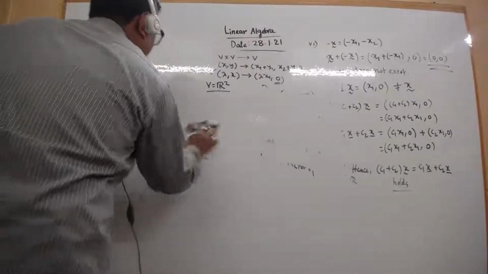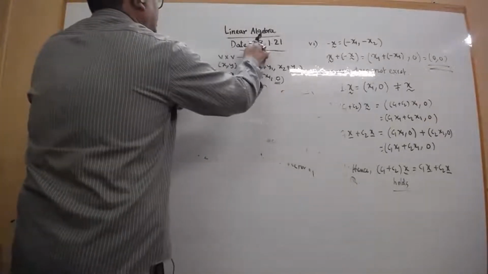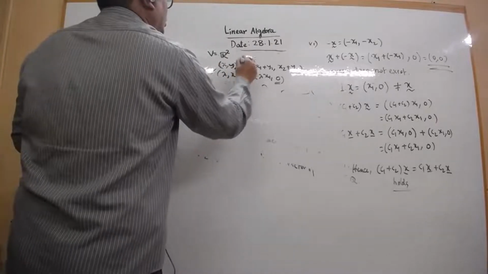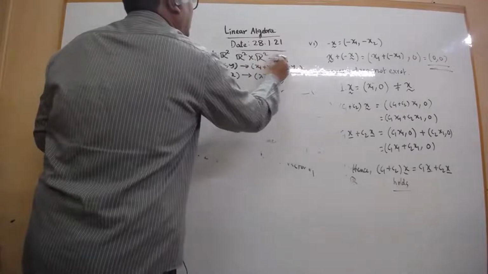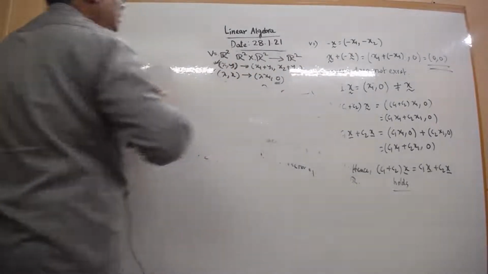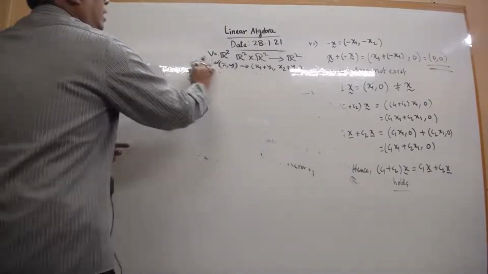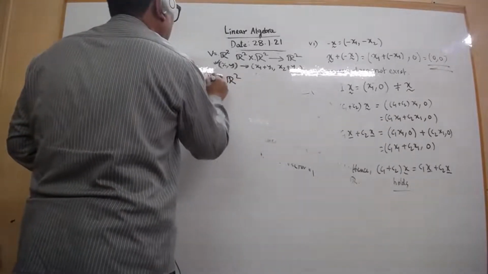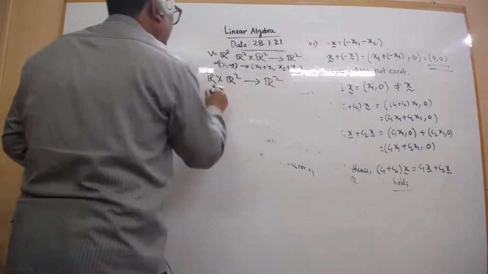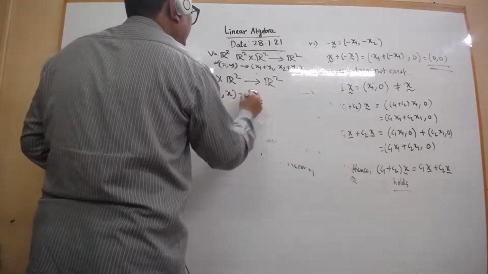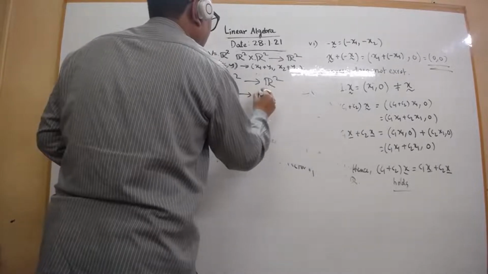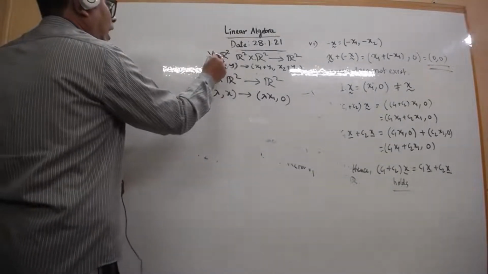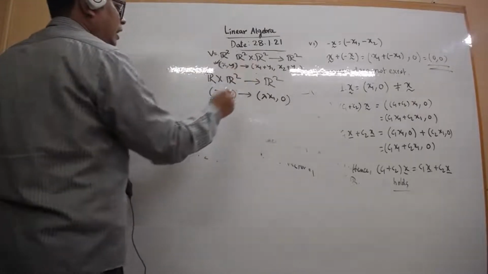If you take V equal to R square and define vector addition as follows and scalar multiplication as lambda x curl equal to (lambda x1, 0), then we see that R square is closed under vector addition and scalar multiplication.